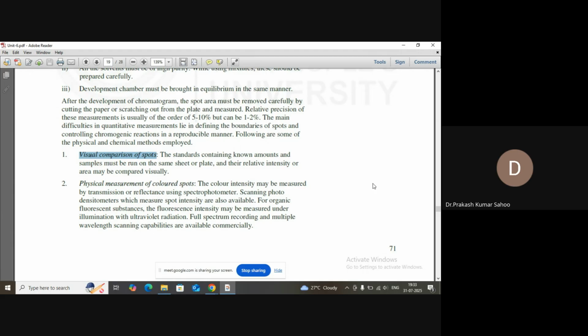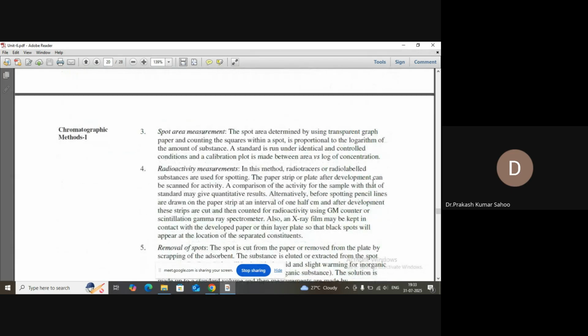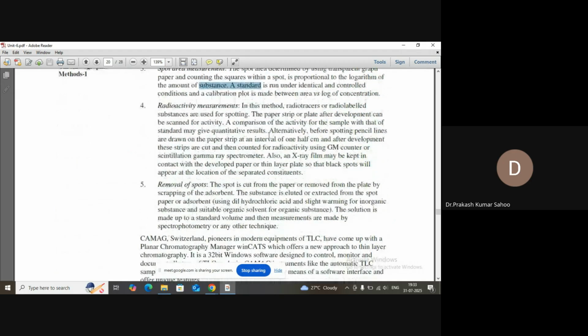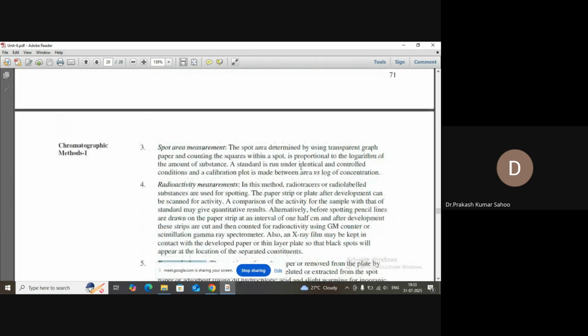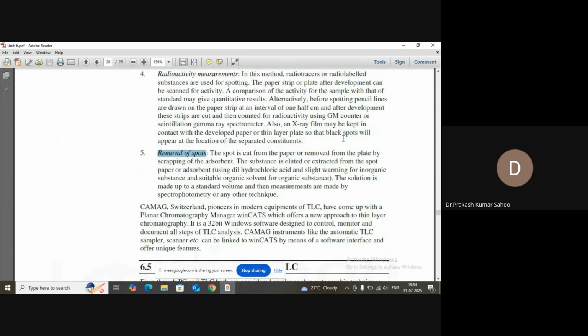Full spectrum recording and multiple wavelength scanning capability are available commercially. Then spot area measurement, radioactivity measurement, removal of spot. So all these quantitative aspects can be carried out using the chromatography method.